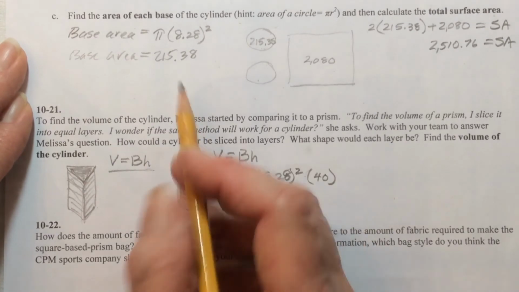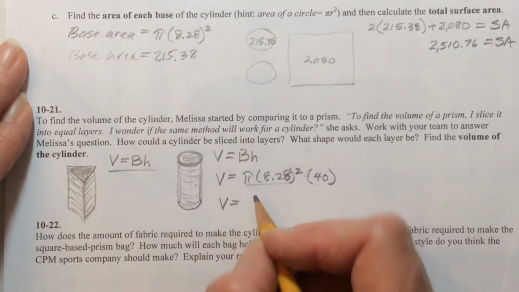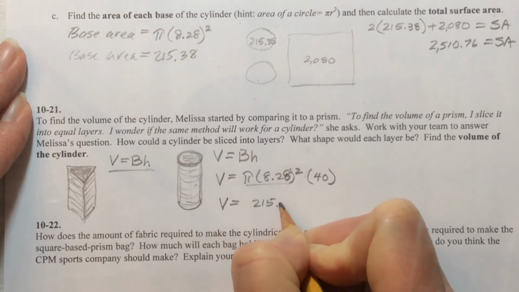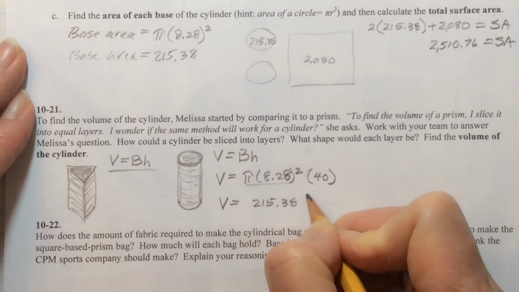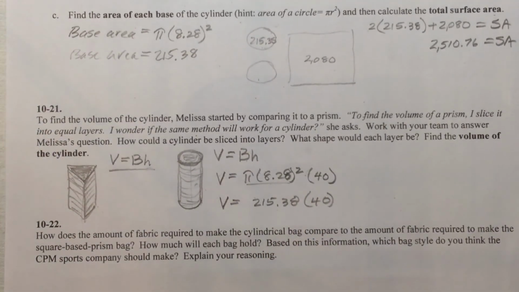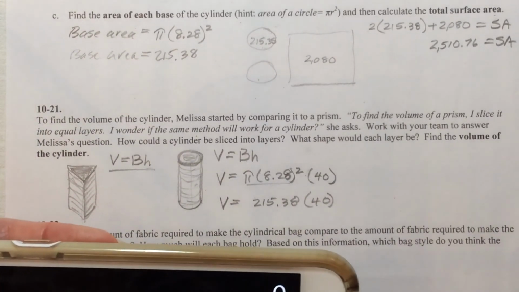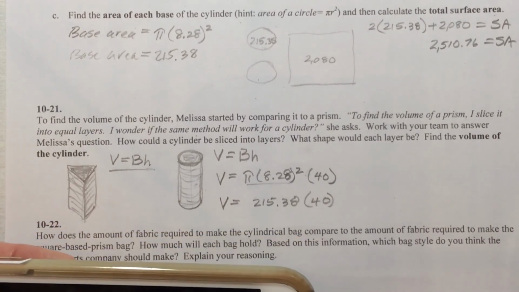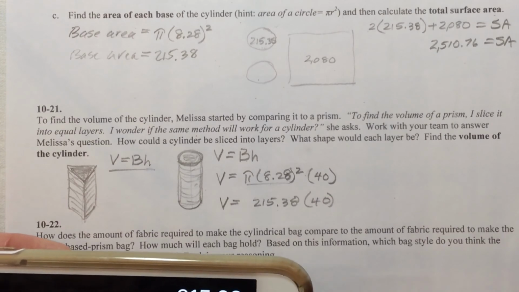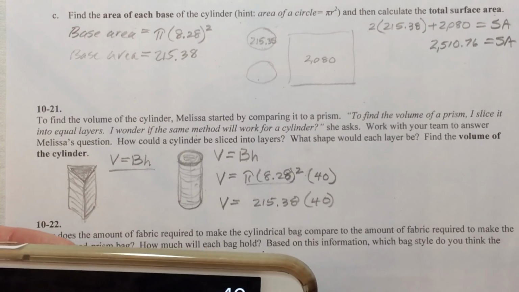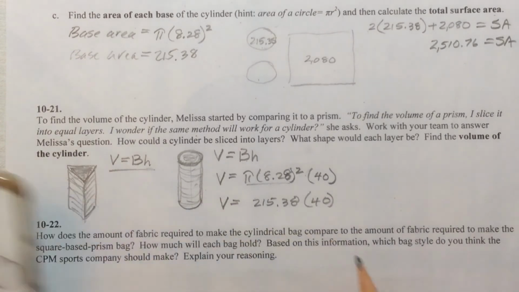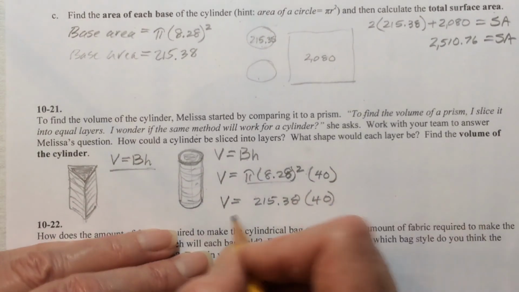So this we actually figured out is 215.38 times 40. So let's do that. 215.38 times 40 is equal to 8,615.2.